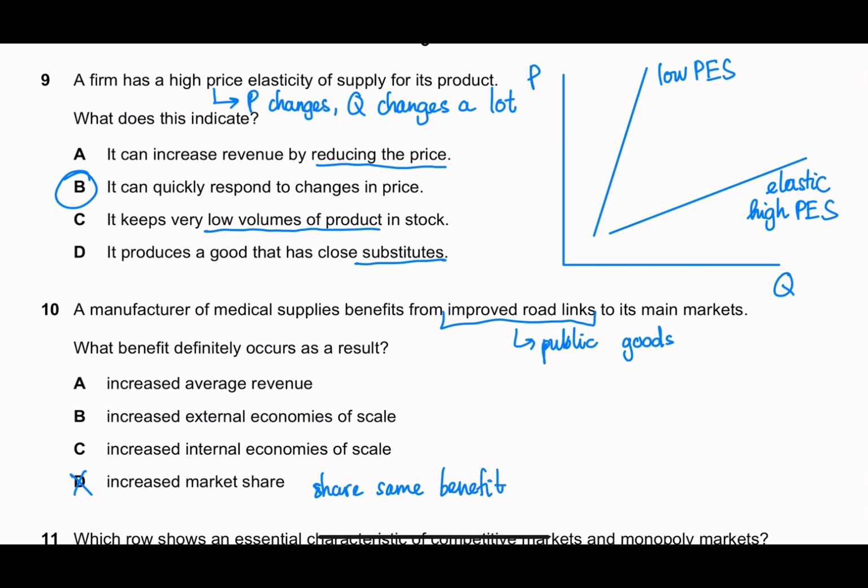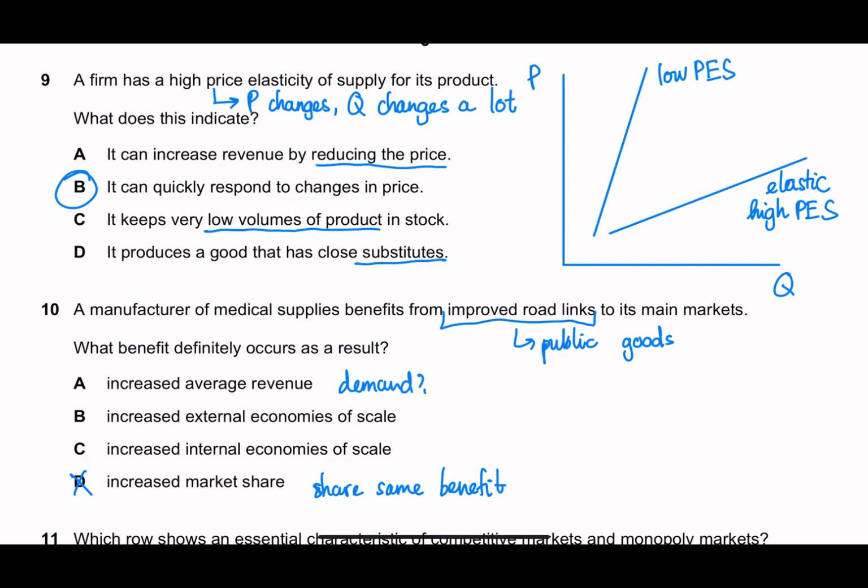And also we don't have any information about the demand, so we cannot say for sure that the average revenue will increase. So economies of scale mean that when they produce more or when they sell a higher quantity of products, the cost to produce that good will decrease.